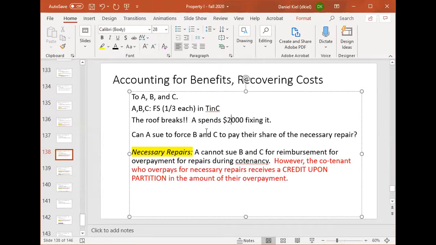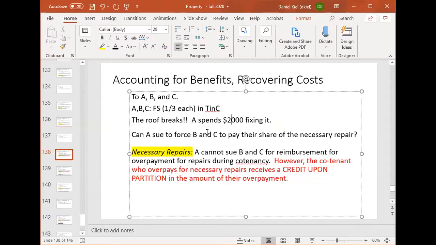So let's say it's 2,000. So A sells to X for whatever. Okay, now walk me through what you're asking. So in Yale's hypo, you were saying that during that sale they would have to pay out for the necessary repairs out of the proceeds, correct?